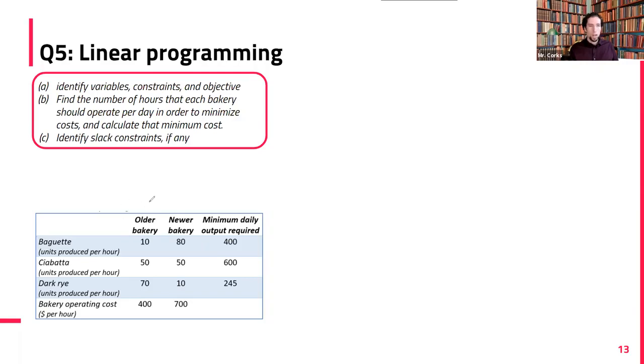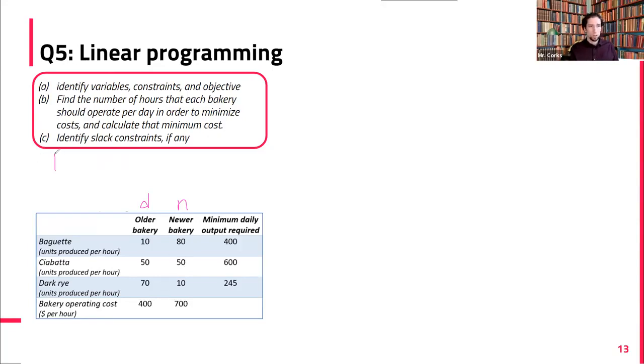Okay. I don't like using a variable of O because it looks like a 0. So we could just use X or Y, or maybe I use D as an older bakery or something, and N for new. But yeah, so those are the variables that make sense.